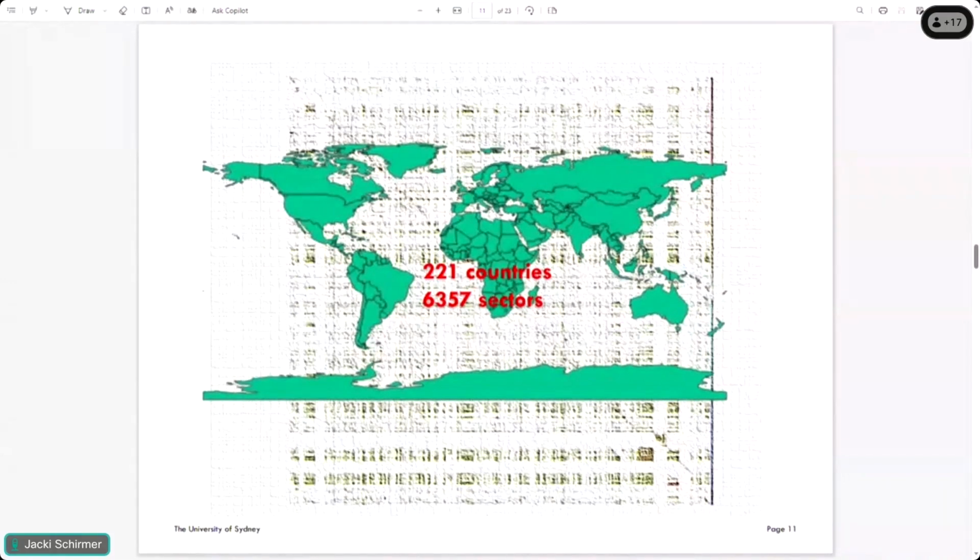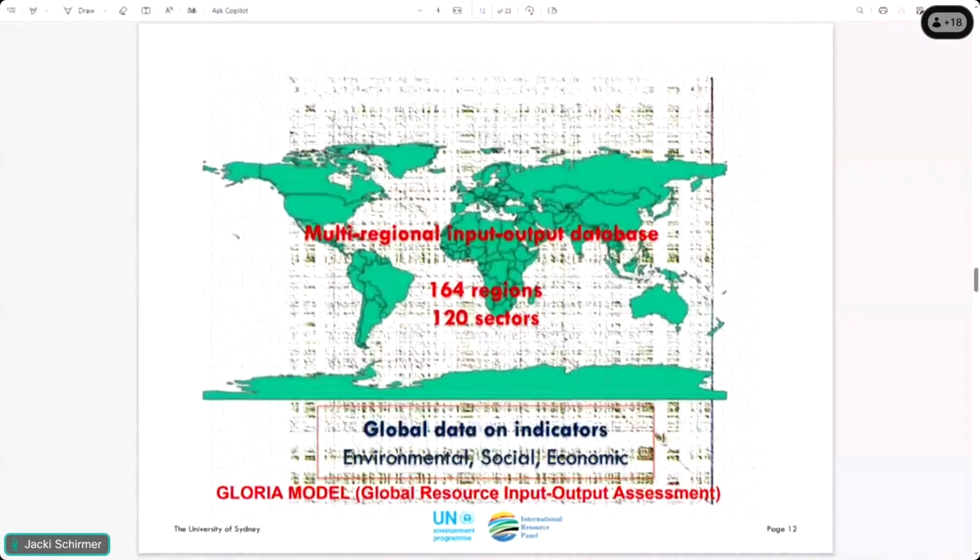Some countries don't have robust data measurements, so there are estimates. And the table that we developed in collaboration with the UN is the GLORIA model, the Global Resource Input-Output Assessment Model, which has information on 164 regions and 120 sectors, and it's available online for download.